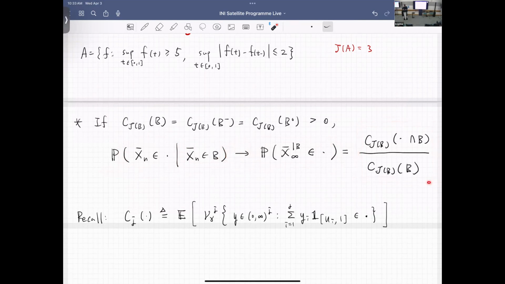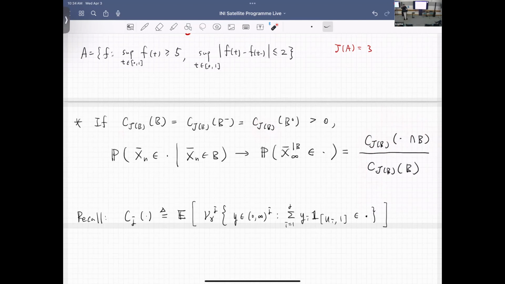And remember that this measure was supported on step functions with exactly JB jumps. So what this means is that here you're taking the intersection with B, and we're assuming that JB is bounded away from B less than JB.